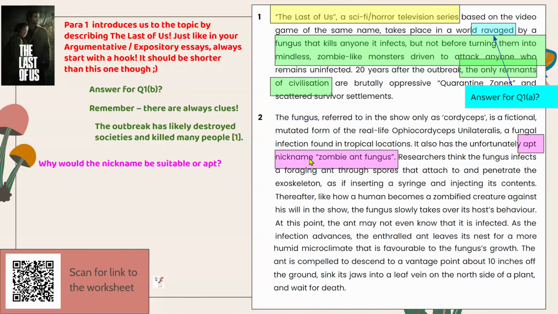What our author says is that this particular real life fungus has the nickname zombie ant fungus. Now, why would the nickname be apt or suitable?